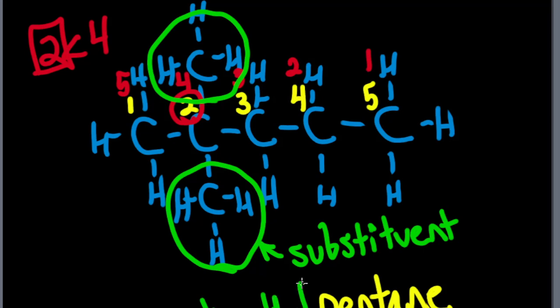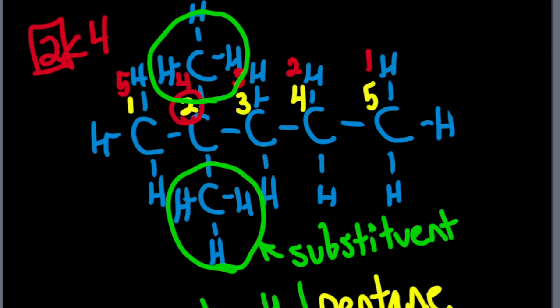Now, I still have to be specific about where these are, because I could have one methyl group here, but I could also have one over on the third carbon. But because I've got both of them here, I'm gonna call this 2,2-dimethylpentane. I indicate where both of my methyl groups are by numbering them.